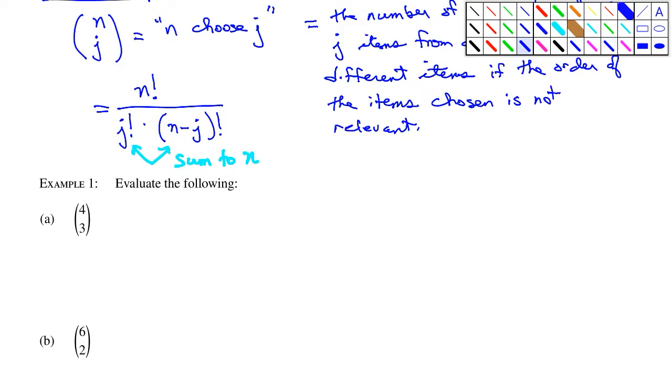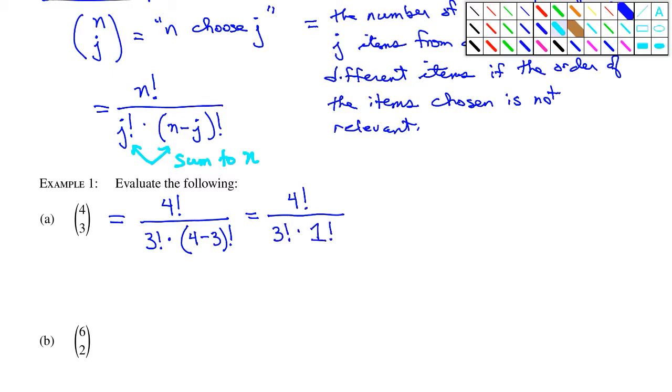Example number 1. Find 4 choose 3. So 4 choose 3 would be 4 factorial divided by 3 factorial, and then I'll go ahead and do this the long way, times 4 minus 3 factorial. But if I simplify just that one piece at the bottom, you get 4 factorial over 3 factorial times 1 factorial.